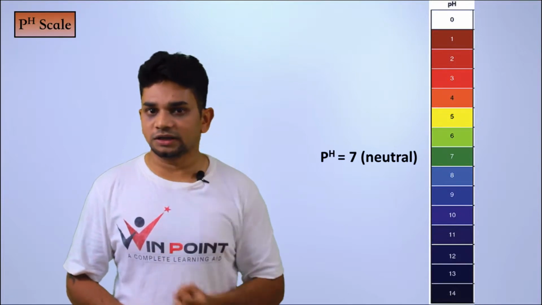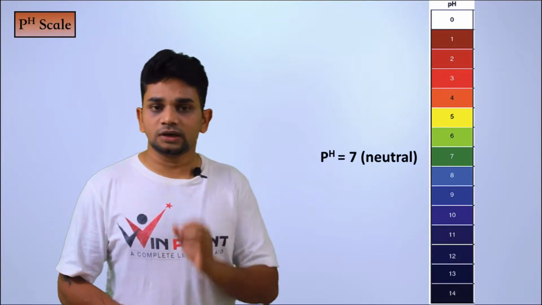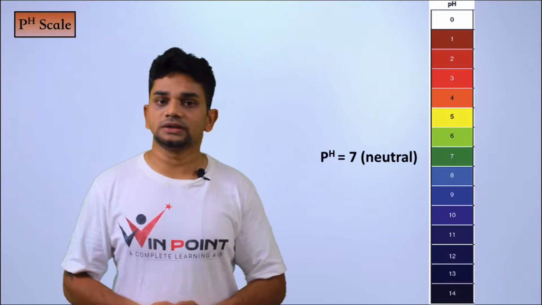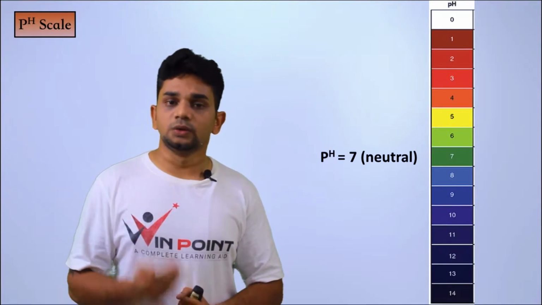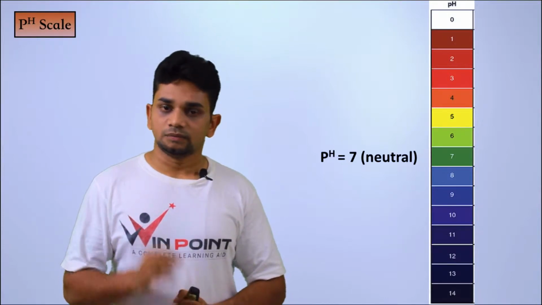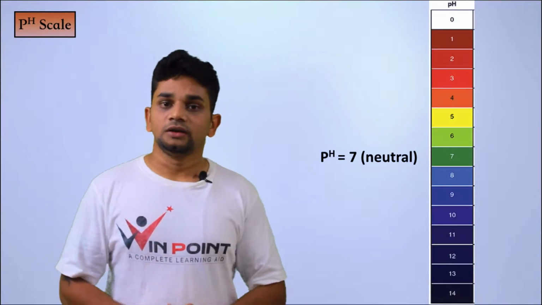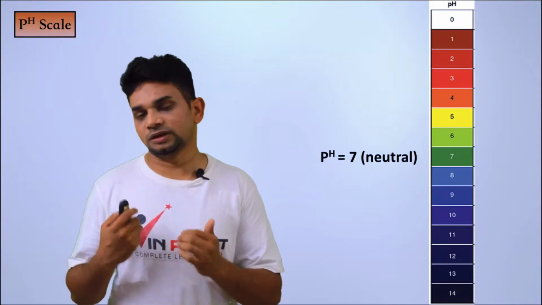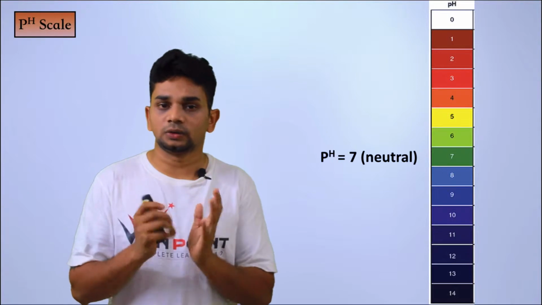According to that color change, we can find the value. If the solution gives a green color with the universal indicator, then it will be neutral, pH equal to 7. It is not acid or base, it is a neutral solution.